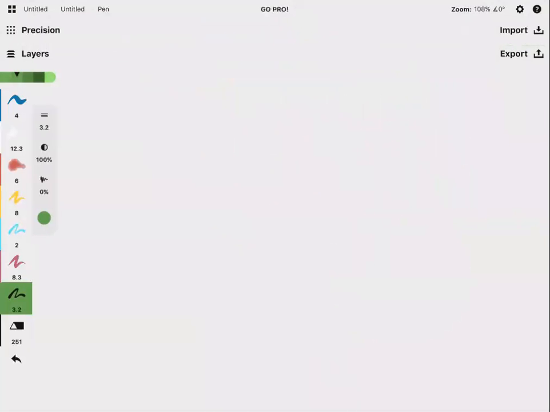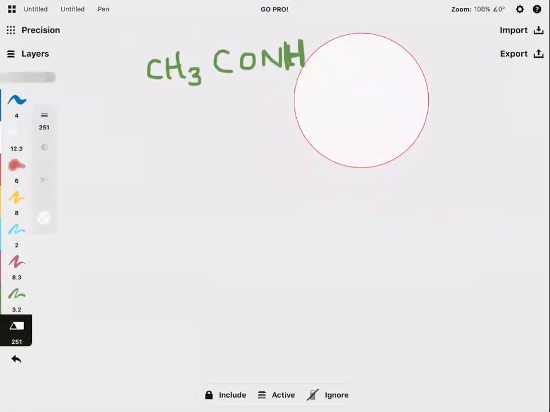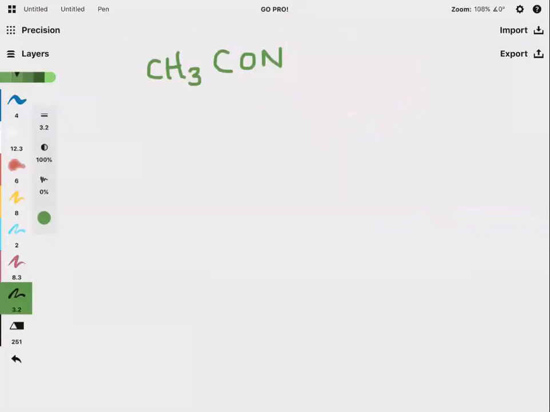What if I gave you, and this one looks hard, CH3, CO, NH2? So don't worry, this looks hard, but we'll go through it. It actually isn't.